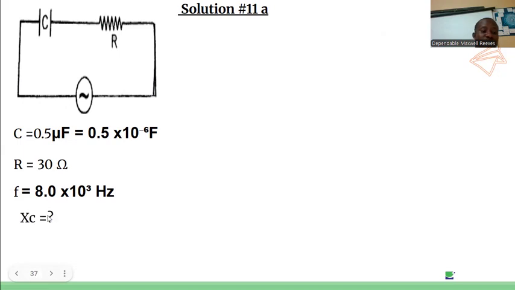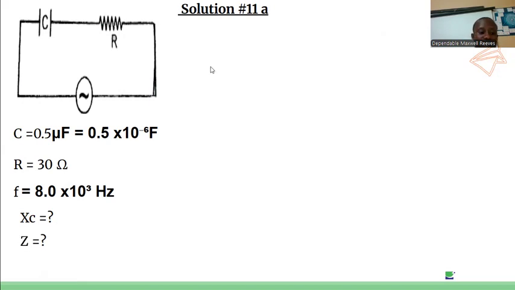The capacitive reactance is represented by XC. C represents the capacitance and X represents the reactance. So XC is equal to question mark.